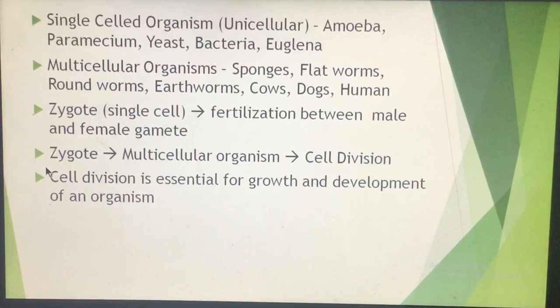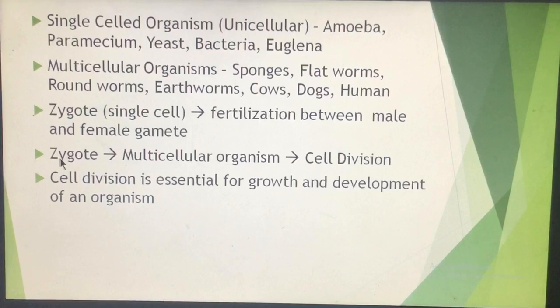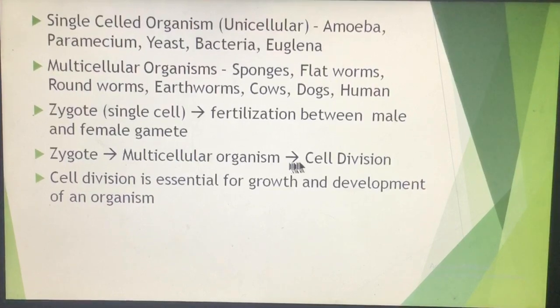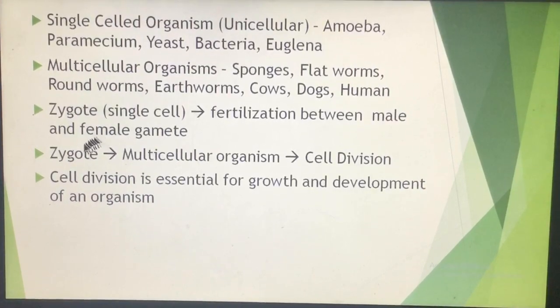So this zygote, which is a single cell, if it has to give a multicellular organism, it has to divide. So this zygote shows cell division, it divides innumerable times. As a result, the body of a multicellular organism is formed. So that means the zygote is a single cell which we cannot see, and the organisms are easily seen.